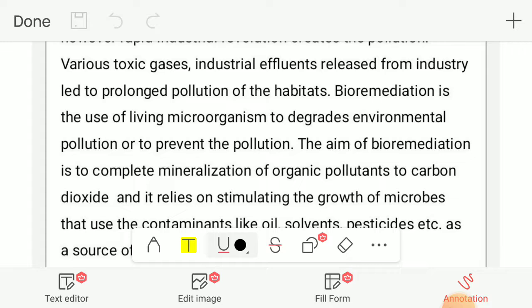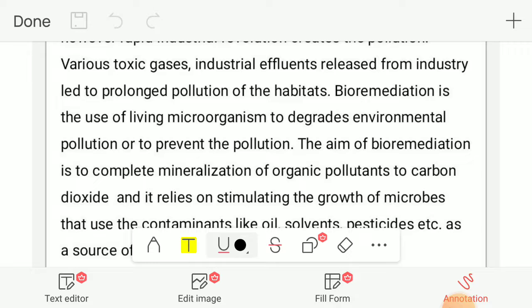For that purpose, bioremediation is utilized, and this bioremediation is nothing but the complete mineralization of the toxic elements into carbon dioxide, releasing and stimulating the growth of microbes.